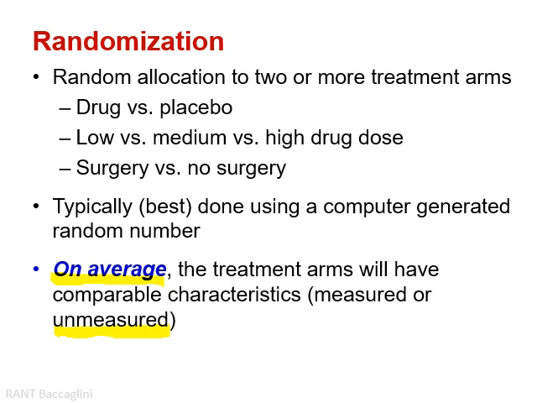Randomization doesn't always work, because sometimes just by chance you might have some unevenness, especially when the groups are small. But if you forgot to measure, for example, insulin levels, you know that by chance the two groups will also have similar insulin levels, and that is the beauty of randomization.